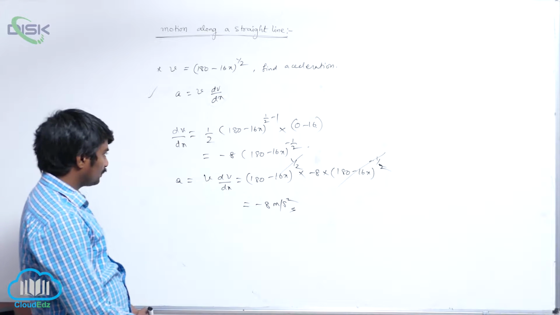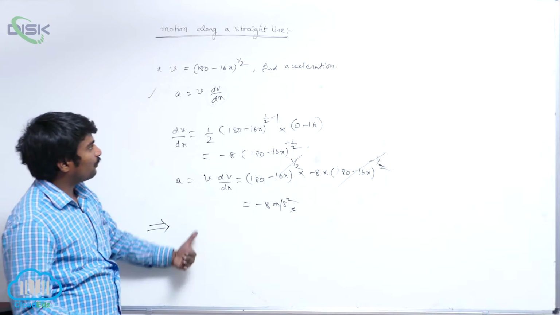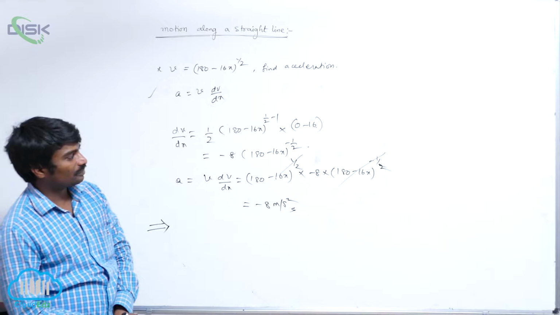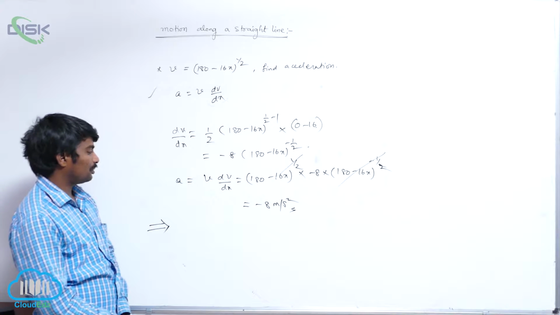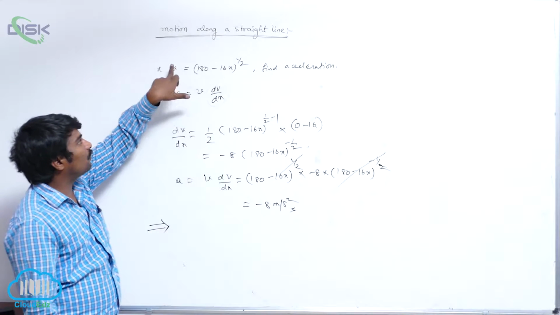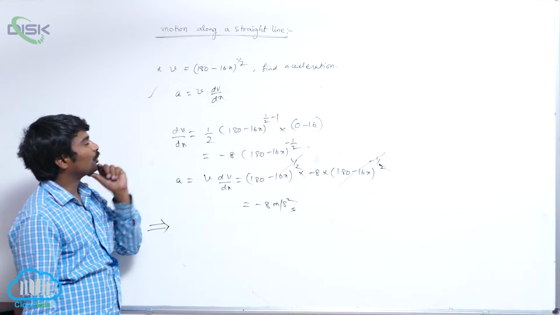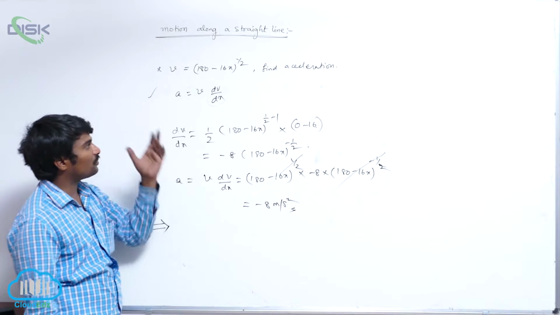Sometimes you may solve this problem in another way also, but it is lengthy, but no problem. I will also do some other method. Suppose you write v is equal to dx by dt. So by simplifying you will get x as a function of t.